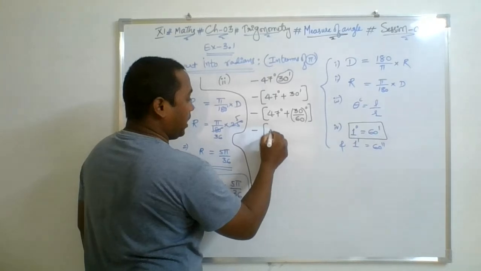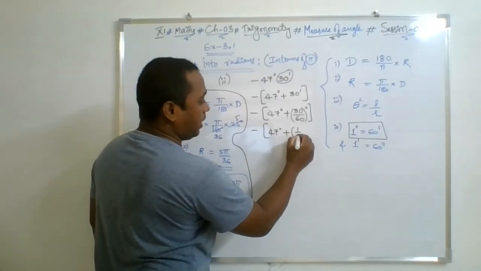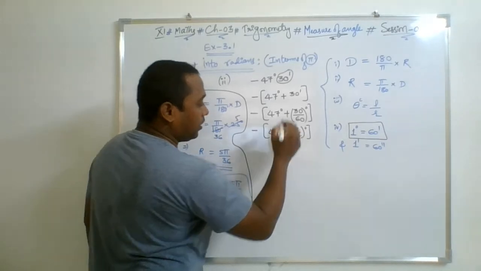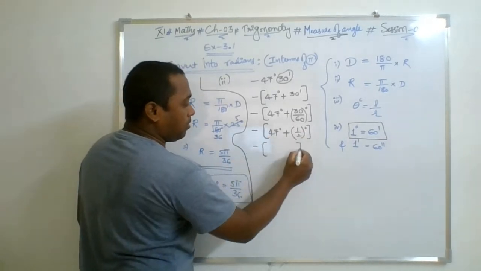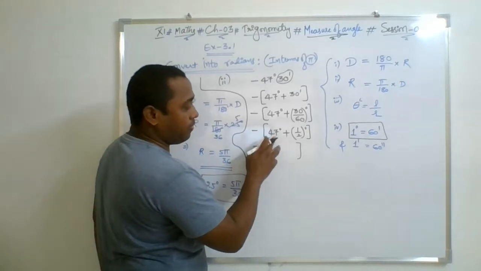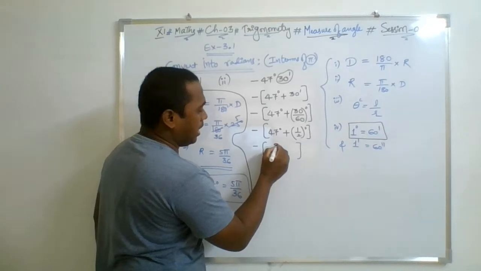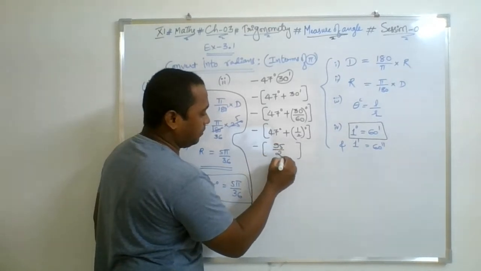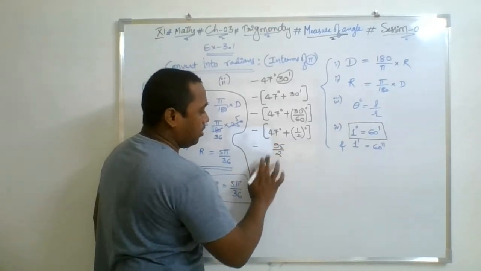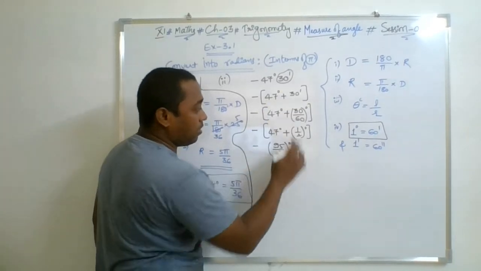So 47 degree plus, after dividing, you get half degree. Now in mixed fraction form: 47 twos are 94 plus 1, 95 by 2 degree. So finally you got the figure in terms of degree.